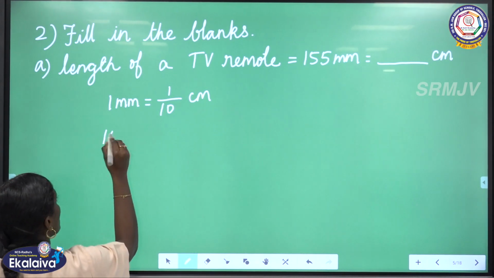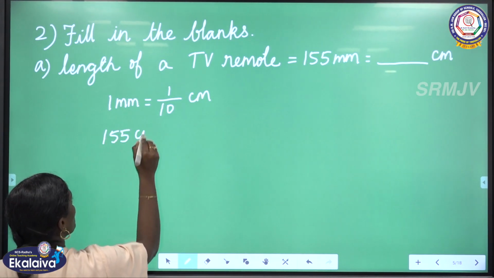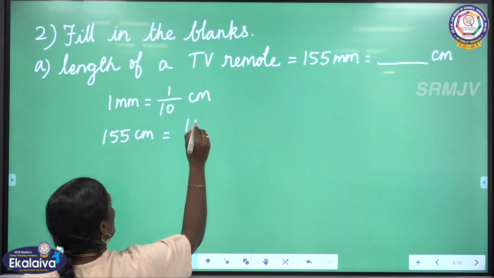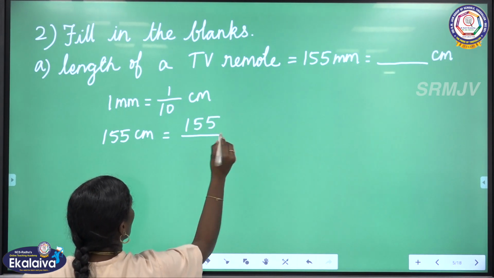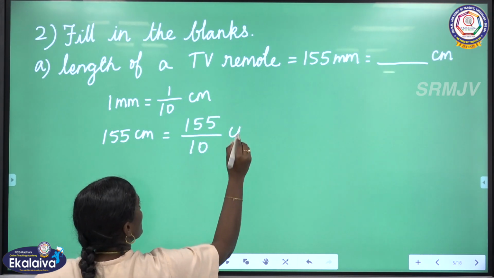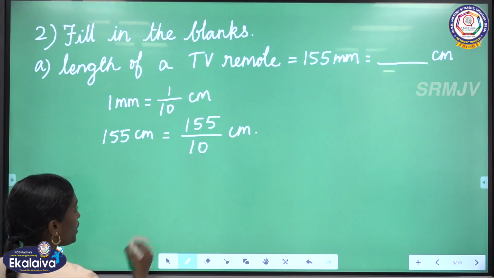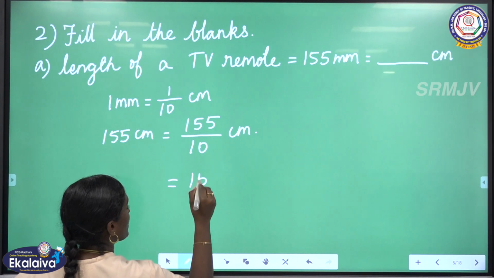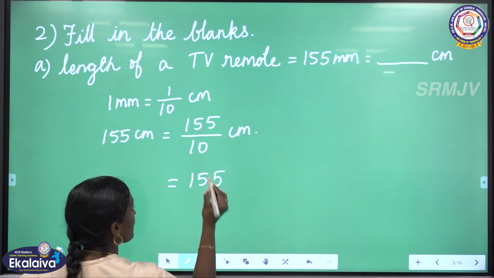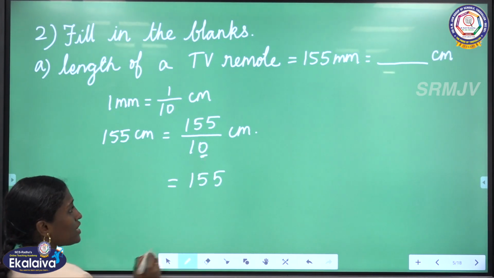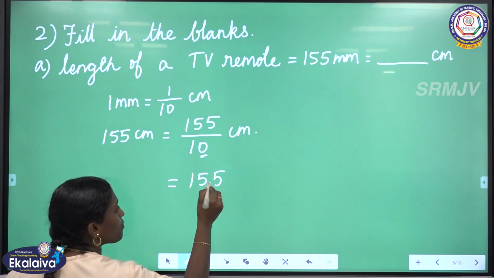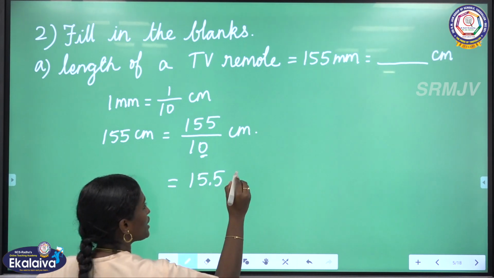Here we have 155 millimeter is equal to 155 divided by 10 centimeter. According to the number of zeros, we have to keep the decimal point. The numerator is 155, we need one decimal place. So from the last, before one digit, we have to keep the decimal point.